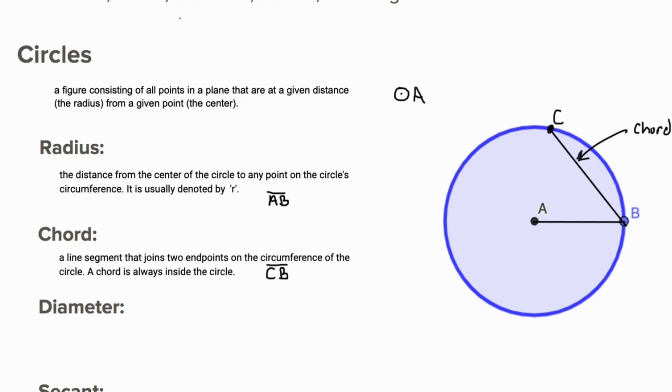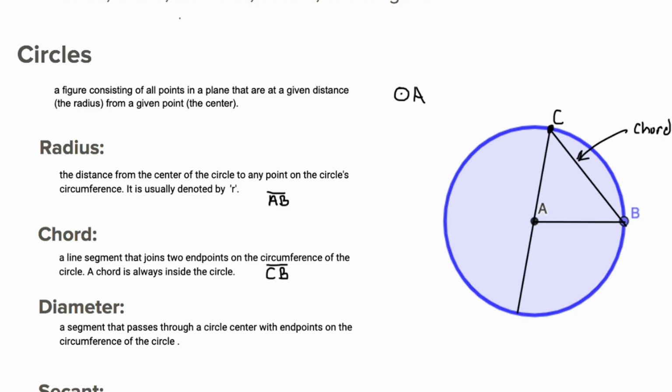Okay, diameter. It is a segment that passes through a circle's center with endpoints on the circumference of the circle. So how about we go from point C, pass through the center at point A, and end at point D. CD is our diameter.